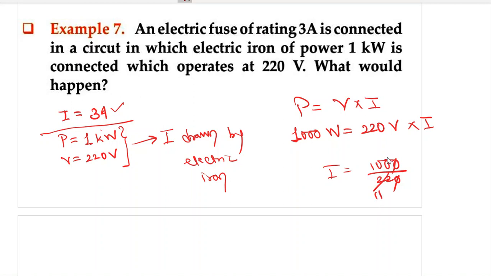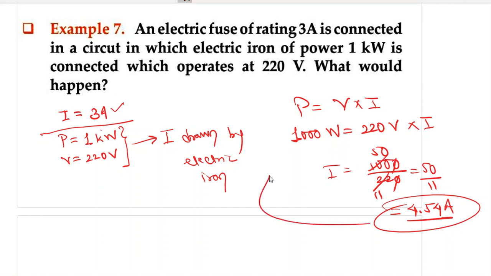2 11s are 22, 2 50s are 100, so it is 50 by 11. Let's see how much this comes to. This comes to 4.54 ampere. So this much current will be drawn by this electric iron, but the electric fuse is of 3 ampere rating. That means fuse will not allow any current more than 3 ampere.